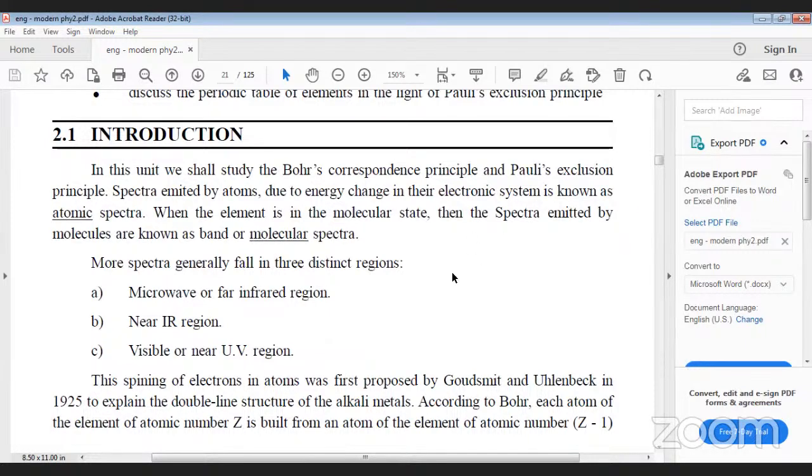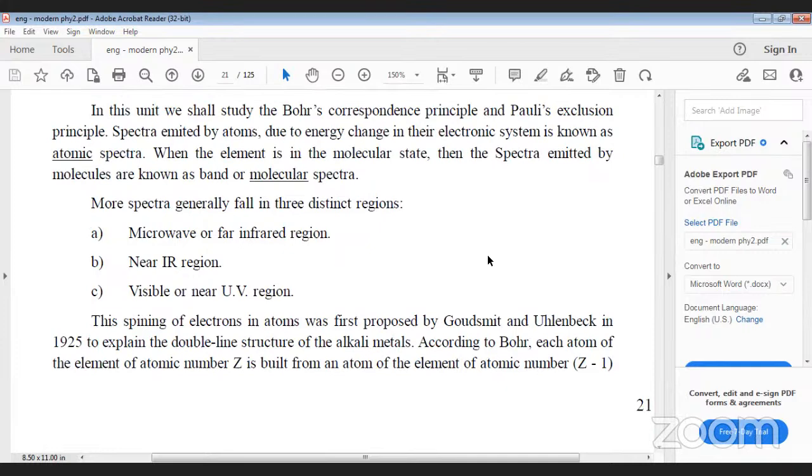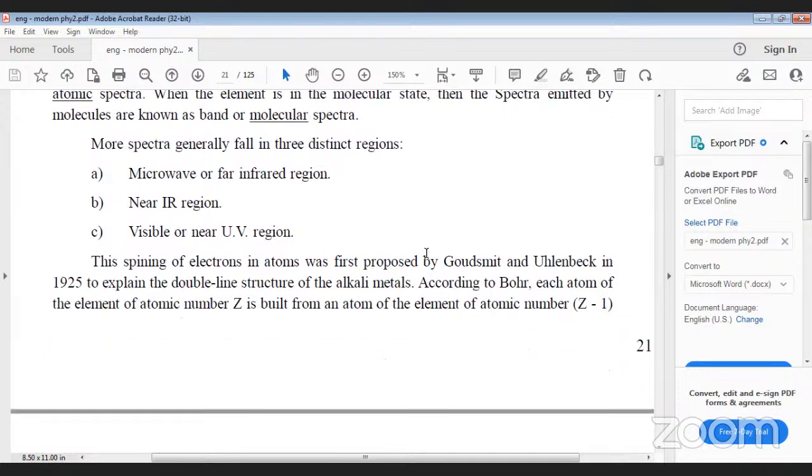Molecular spectra lie in three distinct regions. One is the far infrared, or microwave, region. The infrared region consists of two parts, near and far. The next is the near IR region, and also the visible region, which is near the ultraviolet, UV, region.